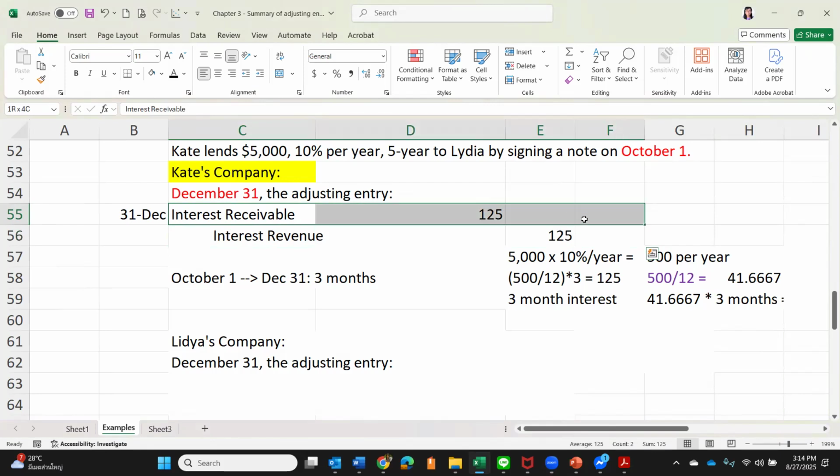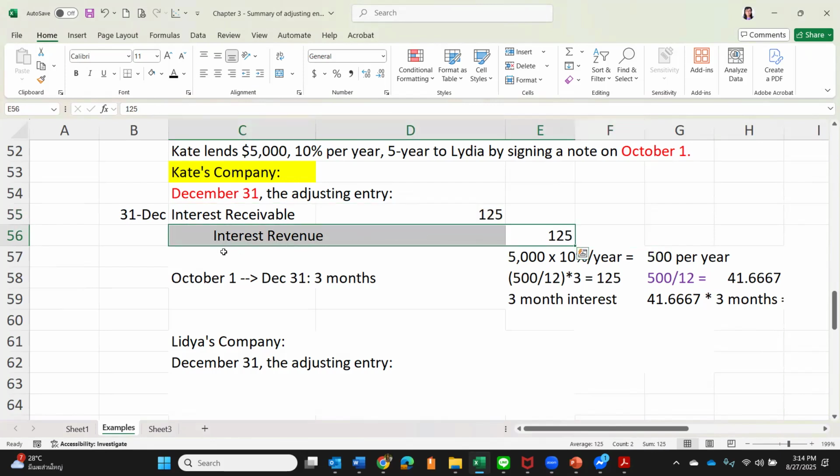This one we call accrual revenue. The revenue is already earned because we already lent them the money, but we haven't received the money yet. So we have interest receivable, debit 125, and interest revenue, credit 125.